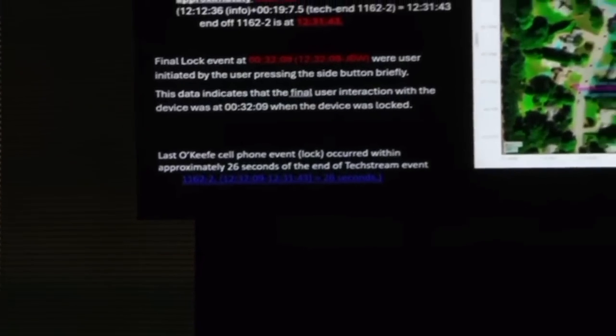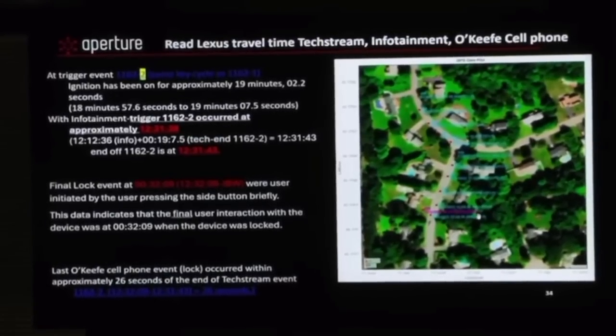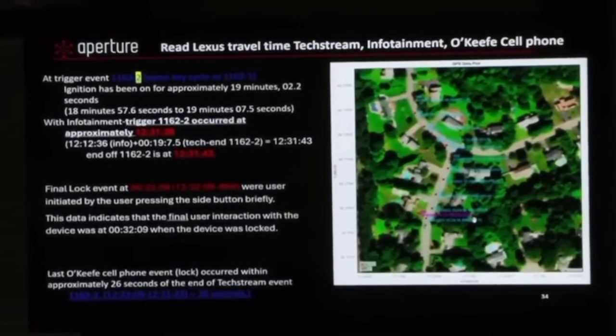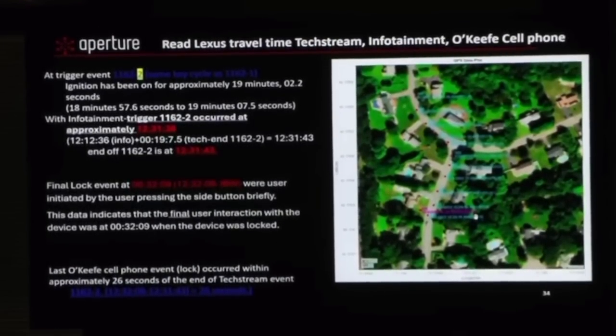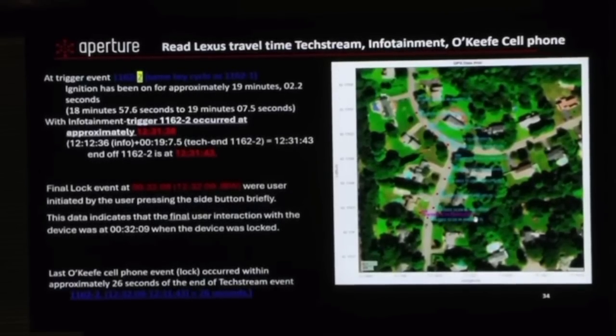So, similarly, using this information to then try to tie it back to the cell phone data to make sure we have the real-time information. Again, this was written back in January before I got the additional information. I'll zoom in.